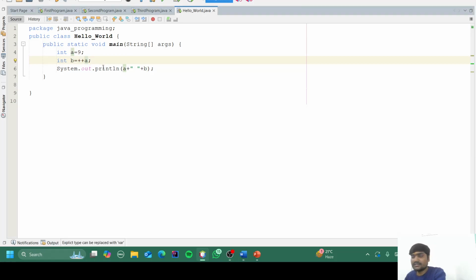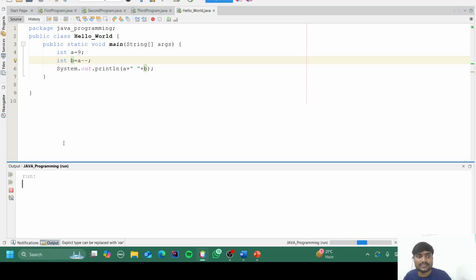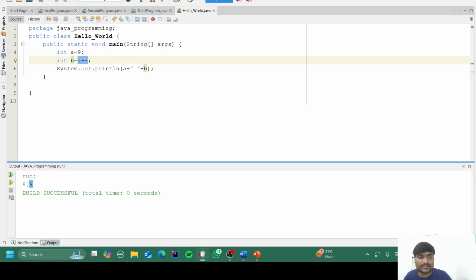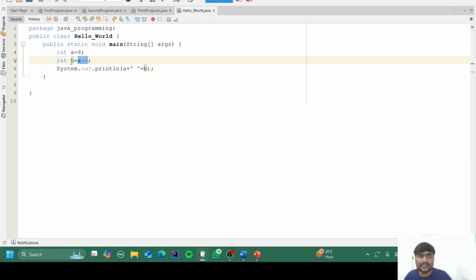Same goes for, suppose we are doing b is equal to a minus minus. What will happen in this case? First the value is assigned: the value of a is assigned to b, that means b becomes 9, as you can see here, and then the value of a is decremented by 1. That's why it is showing a as 8. All of these are unary operators because they need only one operand for the operation.